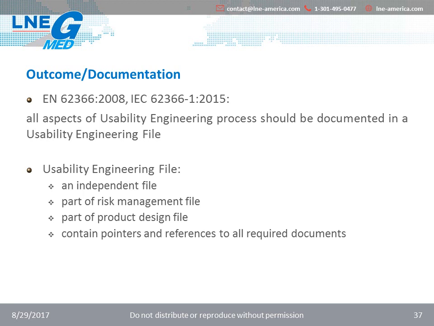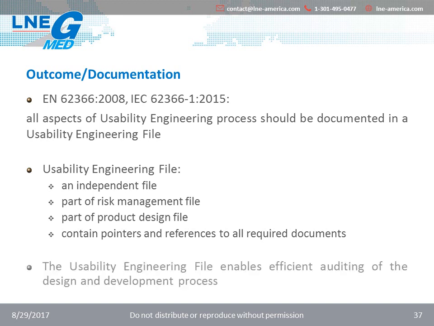The usability engineering file could be an independent file, part of the risk management file, or part of the product design file. It may also contain pointers and references to all required documents. Please note that the usability engineering file enables efficient auditing of the design and development process.